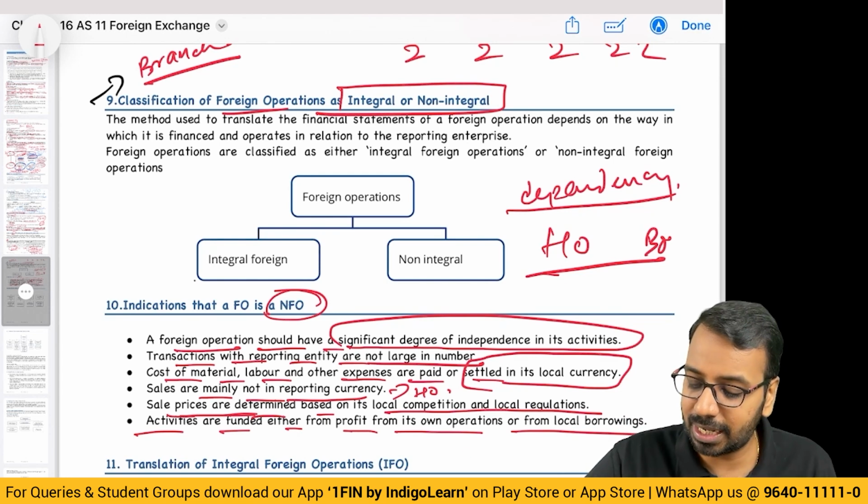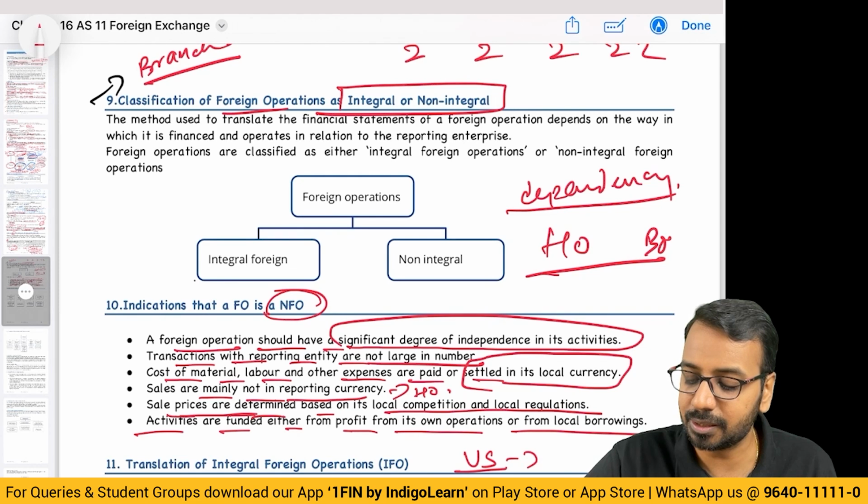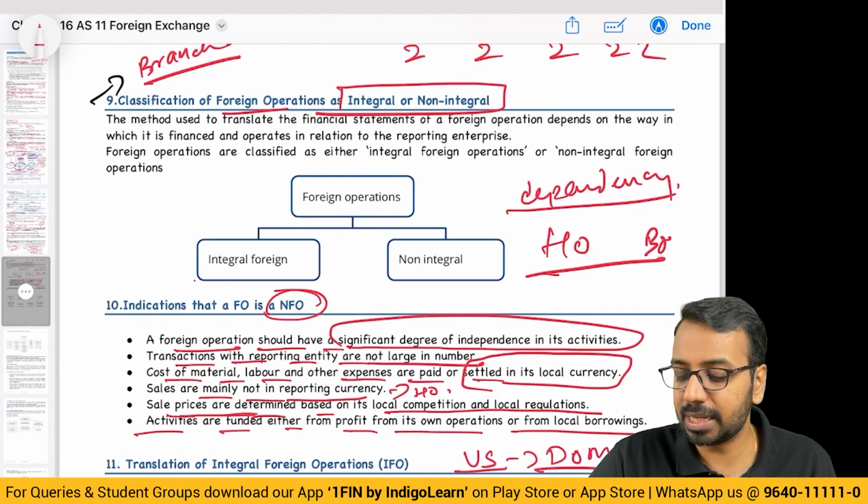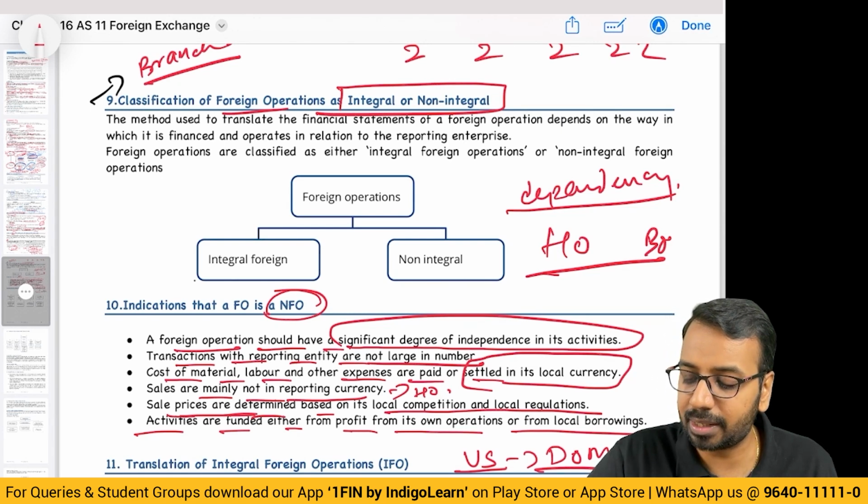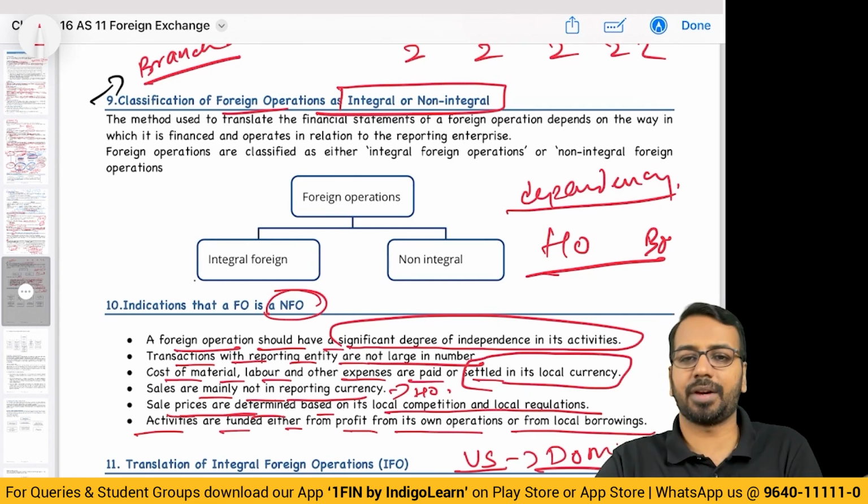If you have to understand, if there is a US based company, let us say Domino's, for example. Domino's has Indian outlets, I'll not call them branches. There is a company which runs it, or it gives out franchise, right?